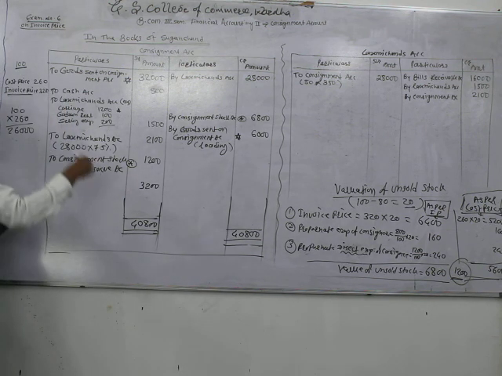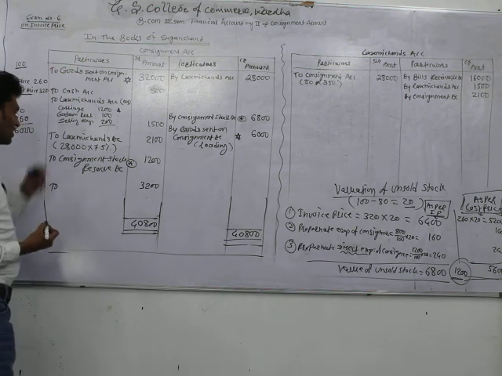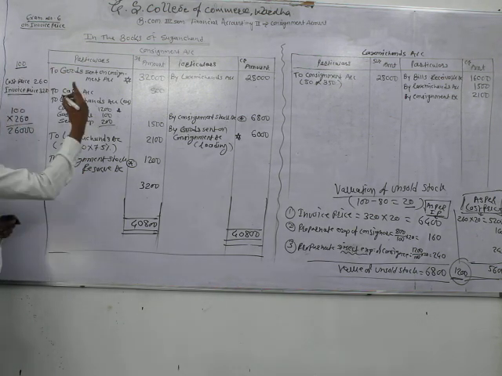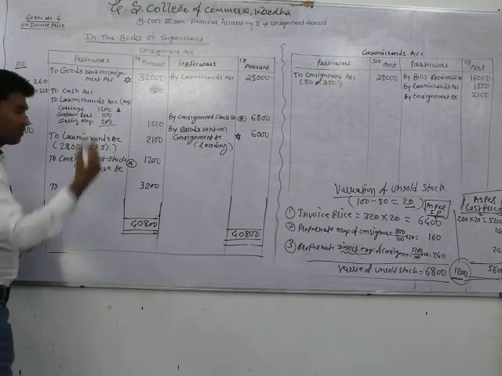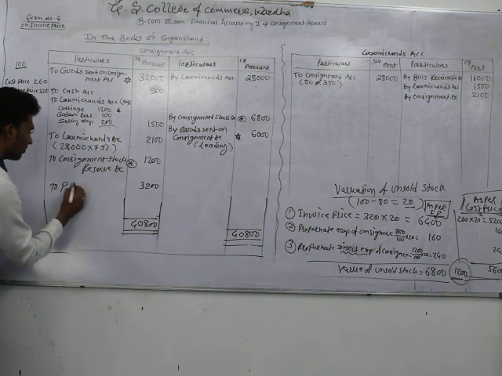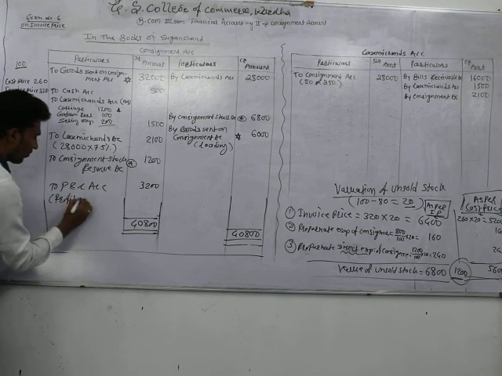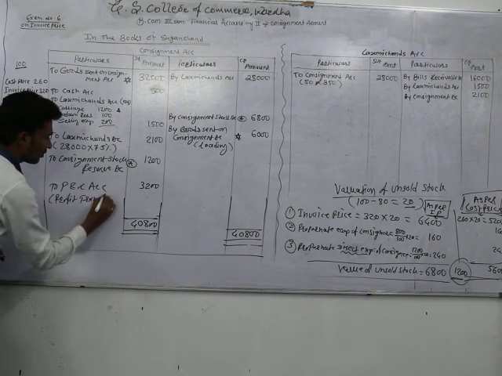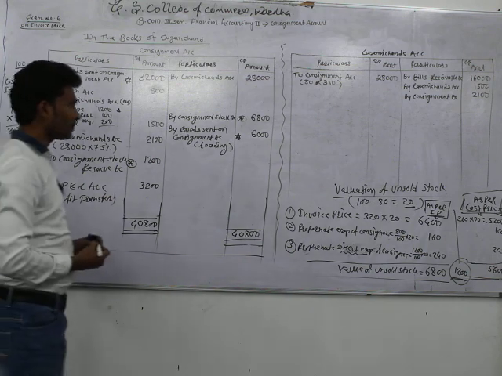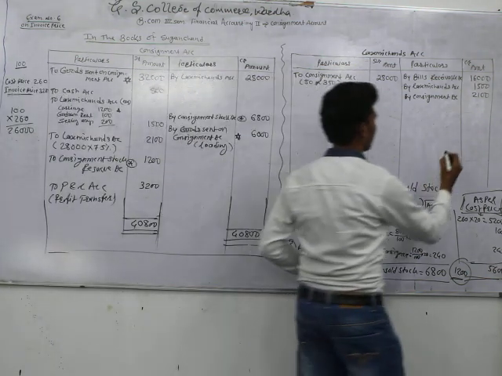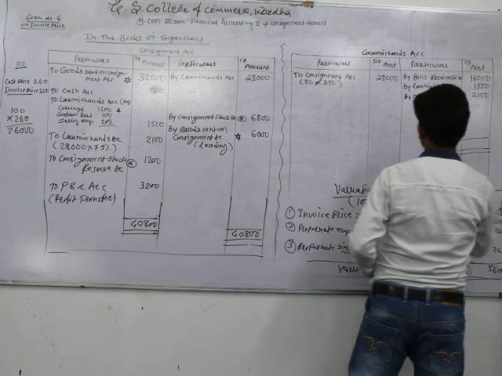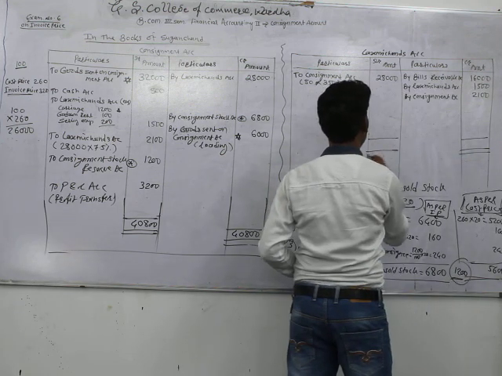It is transferred to the P&L account. So for that, pass the journal entry: consignment account debit and P&L account credit. So write there P&L account, in bracket profit transfer. And also calculate the final due amount.